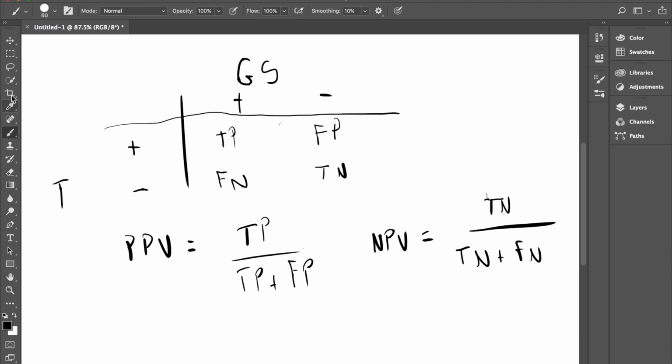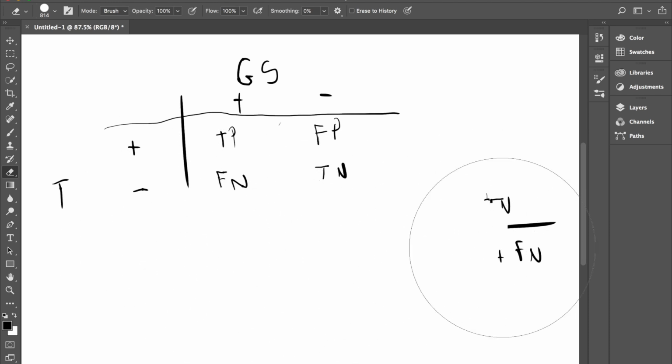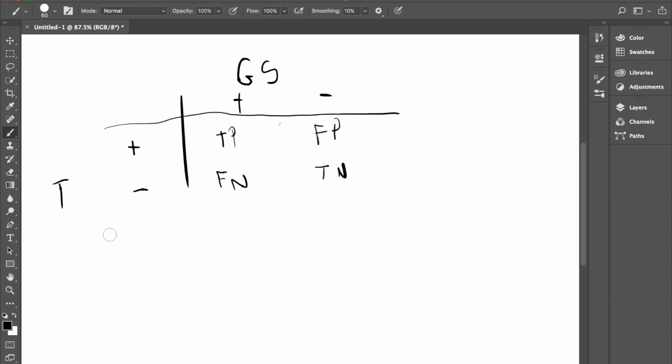Alright, so let's erase this. And now we can get into a discussion about likelihood ratios. So a lot of the time, a clinician is going to want to know the odds of actually having the disease, given that you have a positive test or a negative test.